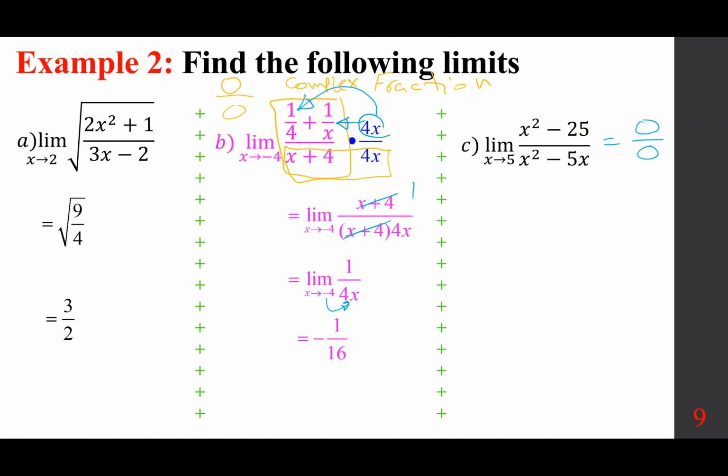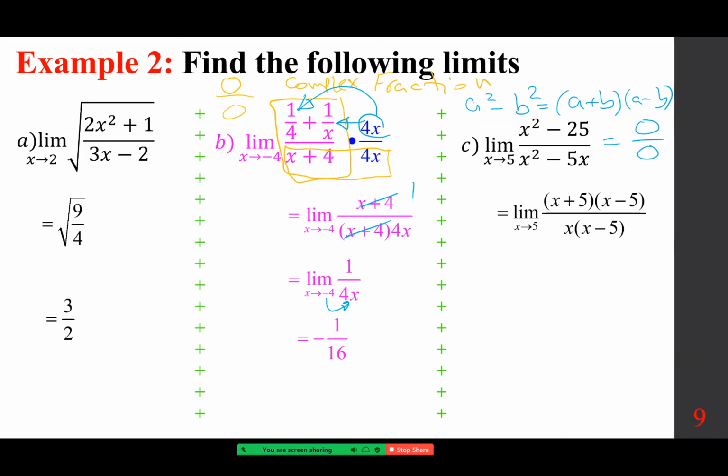We are going to factor the top as well as the bottom. Anybody want to give us the factor form for the numerator? So x plus 5, x minus 5, and in the denominator x comes out.